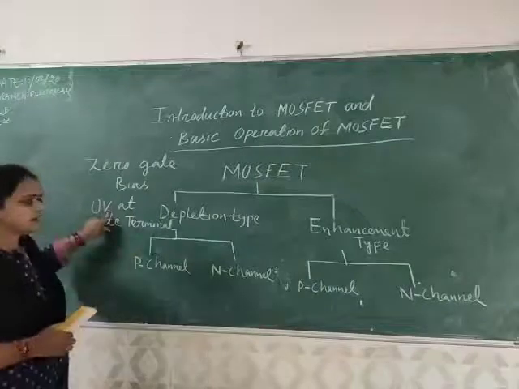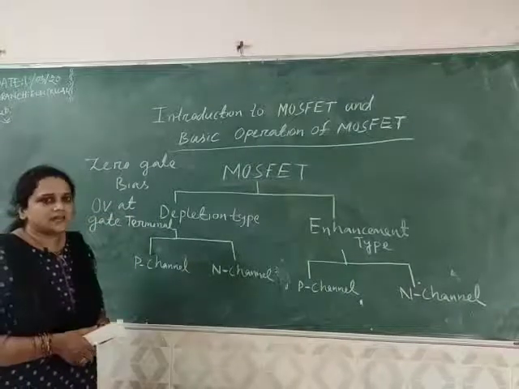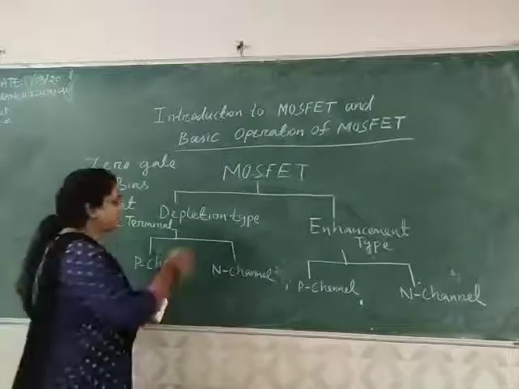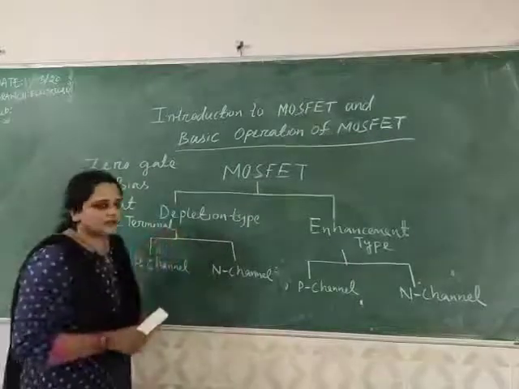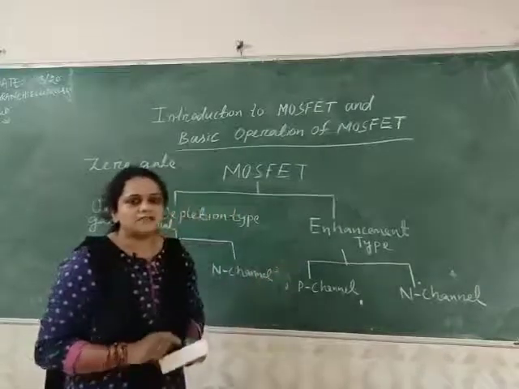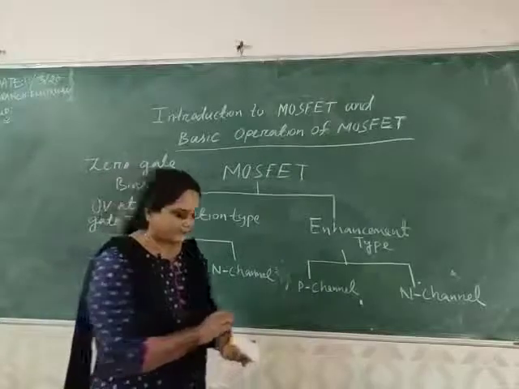Means when we apply no voltage to the gate terminal, there is a channel present between source and drain in a depletion type MOSFET. But in an enhancement type MOSFET, there is no channel present at zero gate bias.